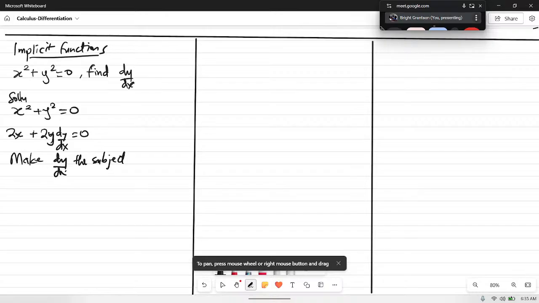So 2y dy/dx equals negative 2x, so dy/dx becomes negative 2x over negative 2y. This and this cancel. So dy/dx equals negative x over y.